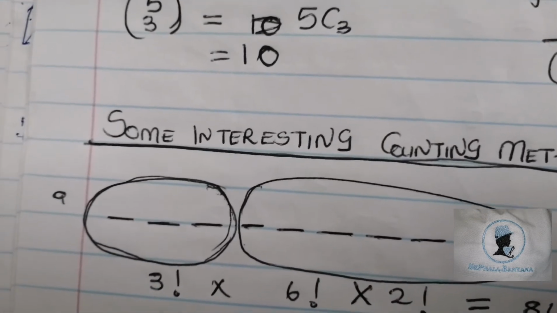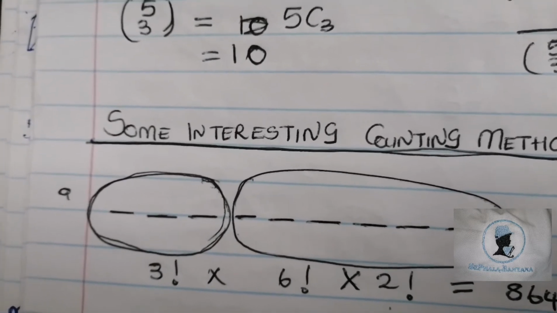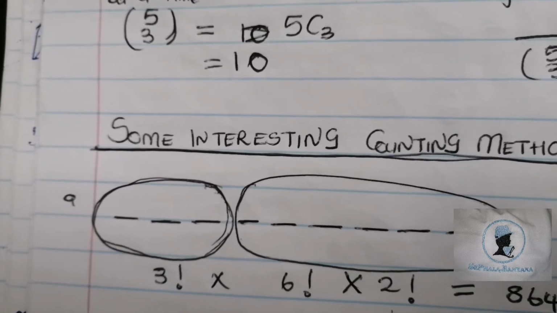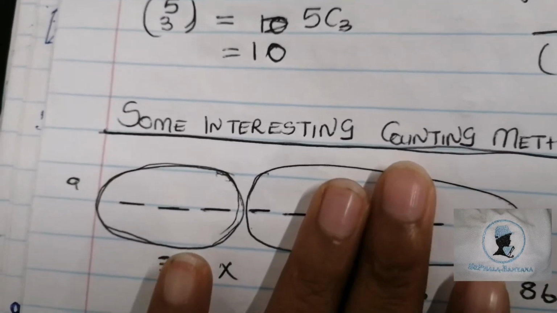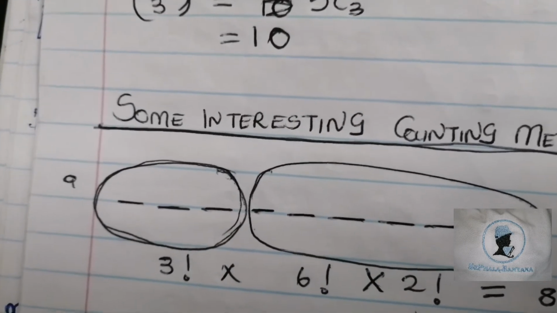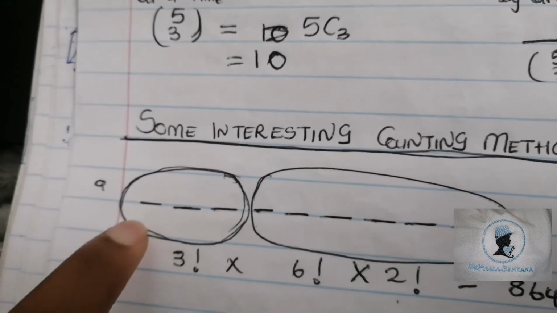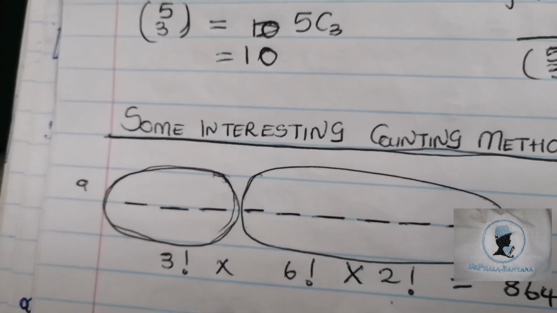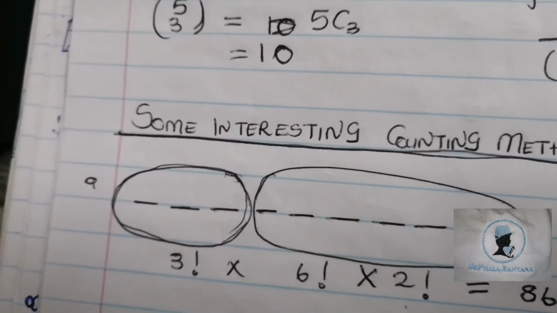They are saying that the girls have to sit next to each other, the boys have to sit next to each other. So we will say 3 factorial for sitting the 3 girls, and then 6 factorial for sitting the boys.